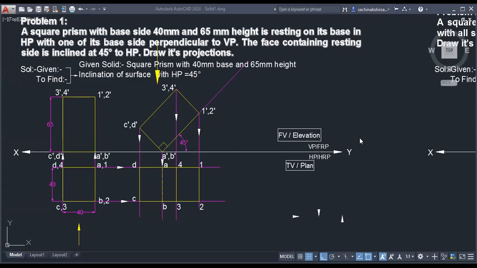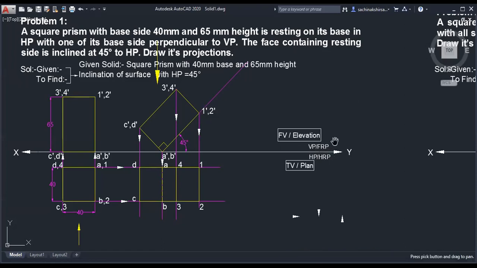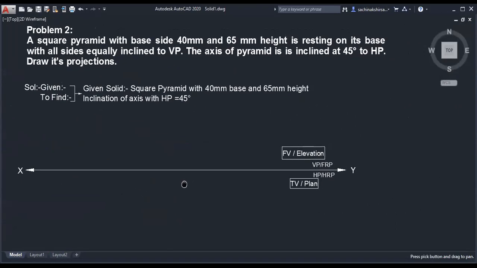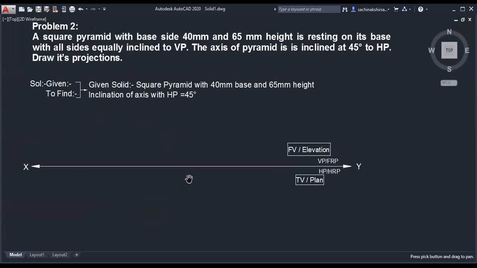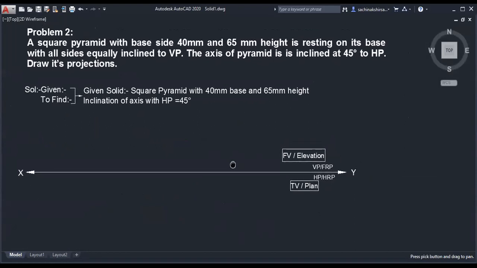Please complete this. I'm not getting voice. Still, you can take this, and one problem you can take for homework. Please take a screenshot of this, or you can complete this and take this problem for homework. We will solve it afterwards. Take this problem as homework. If possible, you solve it.